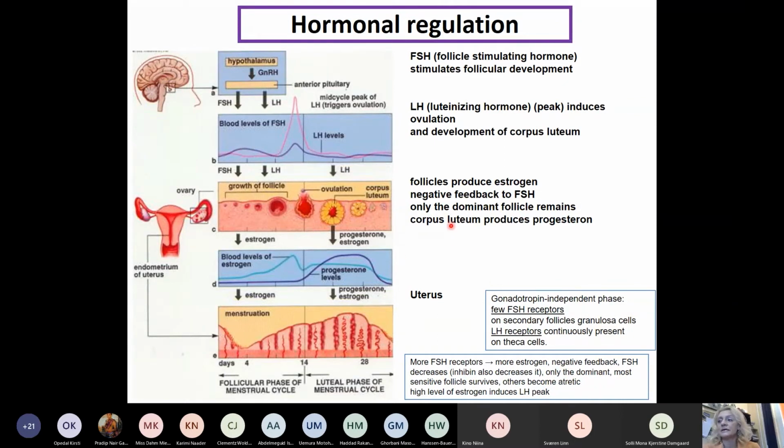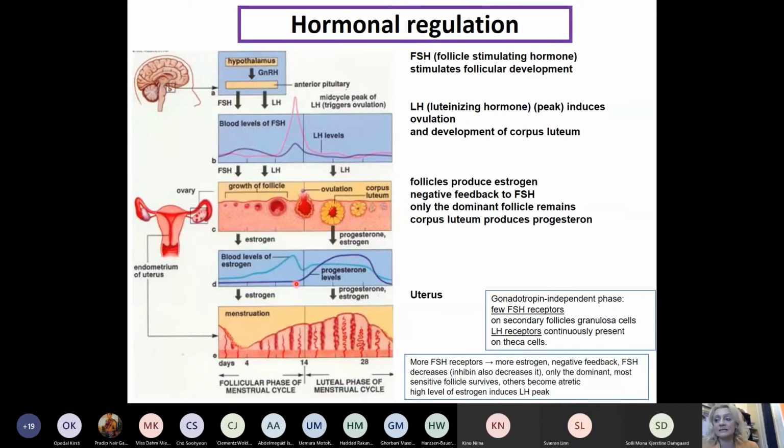And then the follicles produce estrogen. Here you can see the 2 hormones produced in the ovary, estrogen and progesterone. Estrogen increases because of the developing follicles, and it has a peak also before ovulation, but it's also present during the 2nd half of the menstrual cycle.